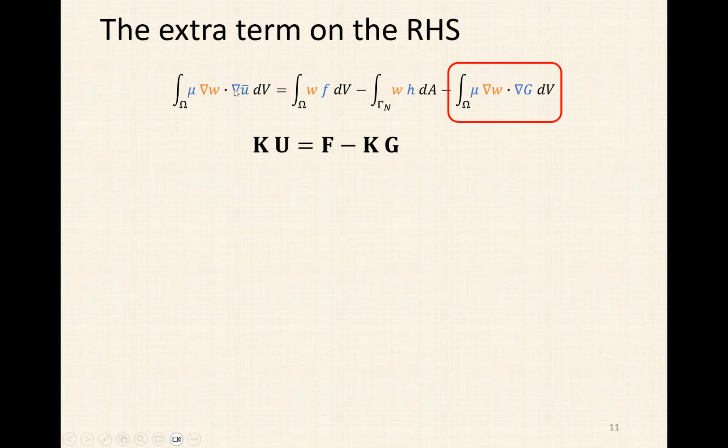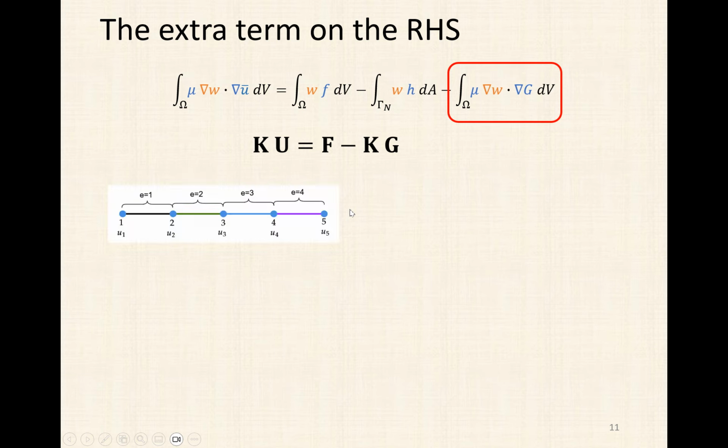So if this is K after discretization, then this is also K after discretization. And then we have capital G corresponding to the discretization of the degrees of freedom, or the solution values at nodes, corresponding to G.